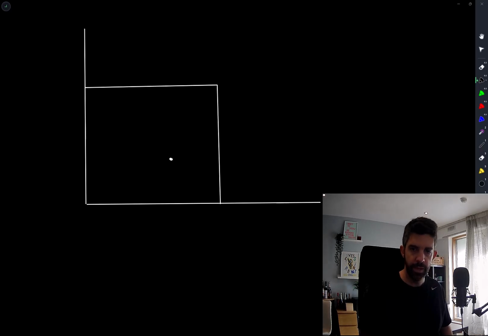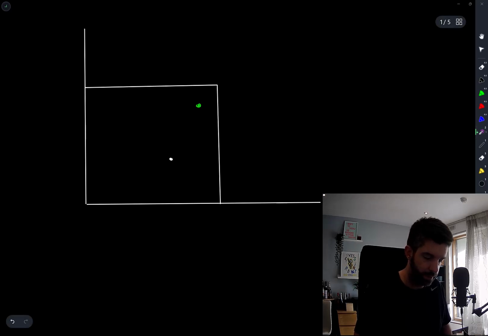Okay, and we generate a point P randomly. So we take a point P chosen uniformly in the interior of the square. So it could be there, could be there, could be there. And then we compute the slope of the line that goes through that point and our point here.